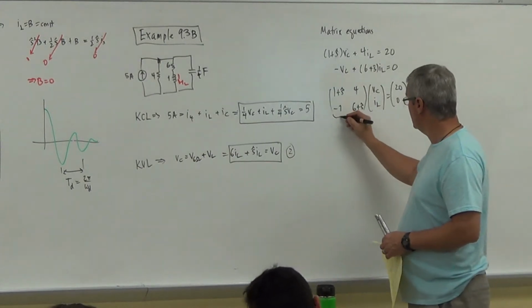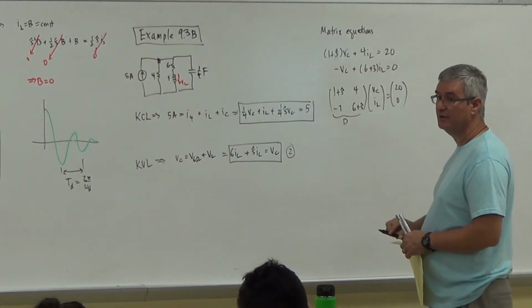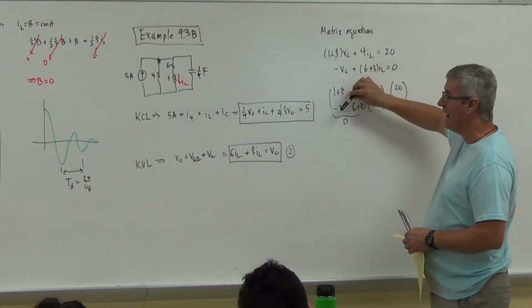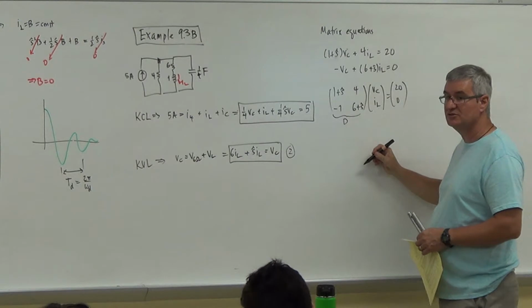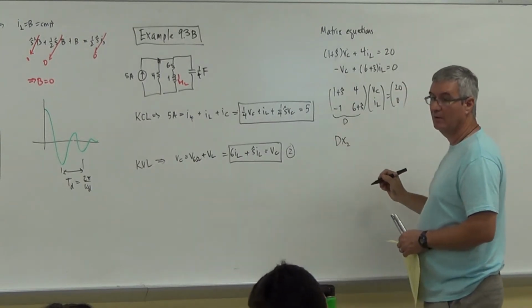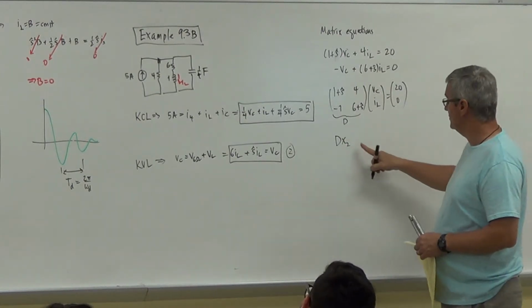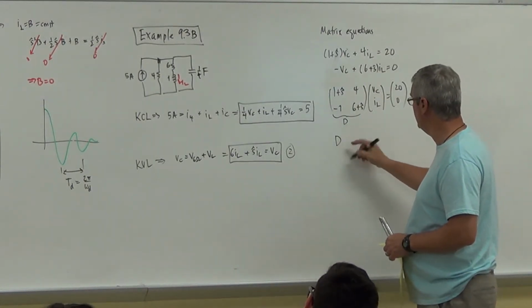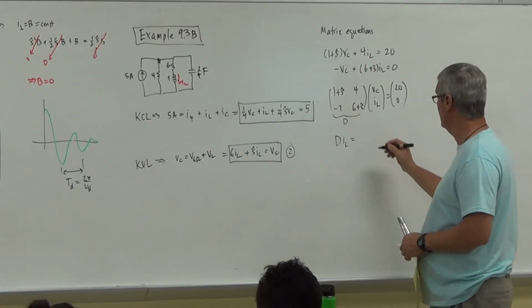We know that this guy is D. And so what I'm going to do here is that I'm going to calculate D right now. Okay? So if I want the solution, it's got to be Dx2. Right? That's what I'm looking at. So here I go. In this case, it's not x2, it's going to be IL times this determinant here.